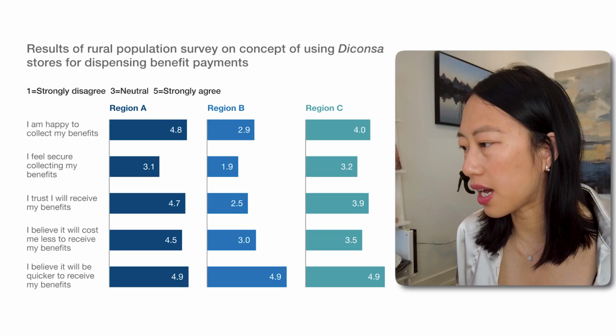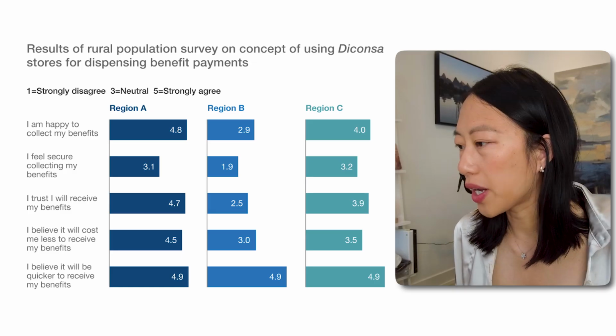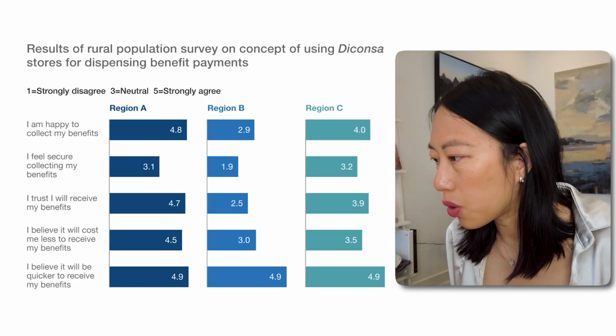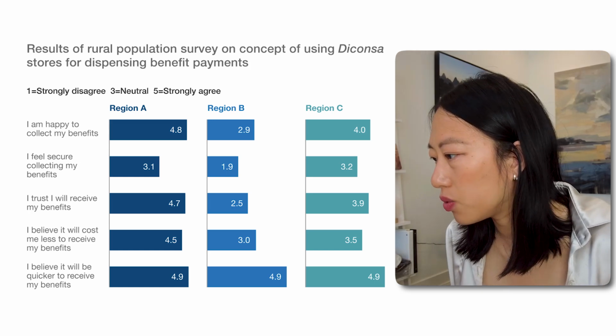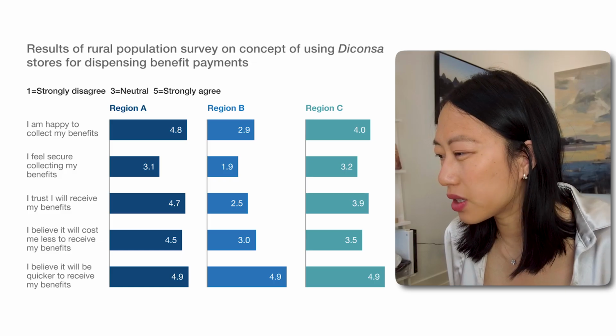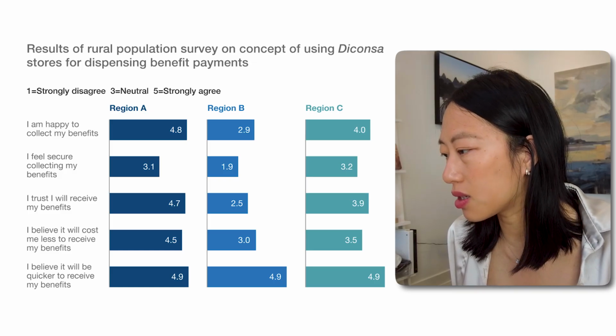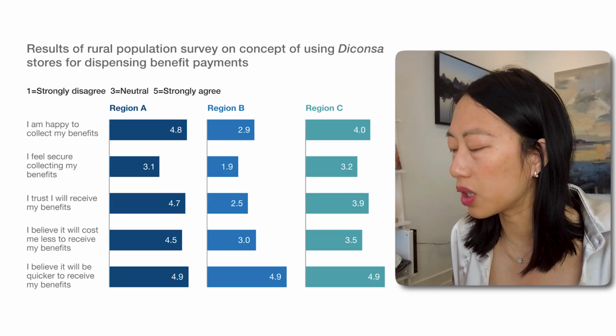So it's quite interesting that the answer varies quite a bit. It looks like overall Region A scores fairly high in all of the dimensions. Region B scores quite low in 4 of the dimensions, and Region C is kind of somewhere in the middle.